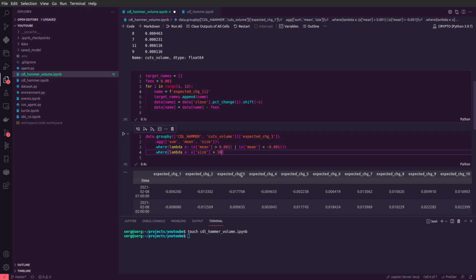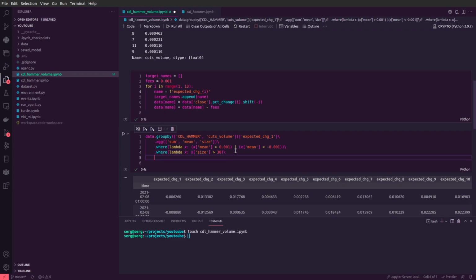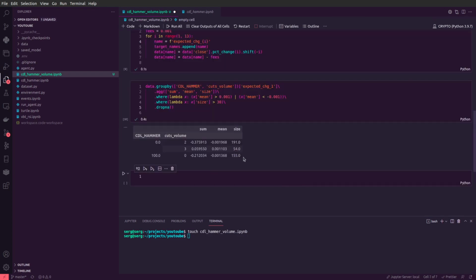It means I would like to get more than 30 cases. Okay, and I need to drop the missing rows now. Let's call it, and what happens? Okay, it's good. You see we have a table with useful statistics for you.